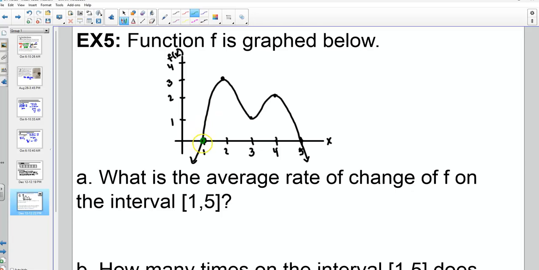But right here's 1, and right here's 5. What is your average rate of change? 0. On something like that from a graph, if they wanted you to show the work, it would say something like show the work that leads to your answer. So you'd be okay with just saying 0 right here.